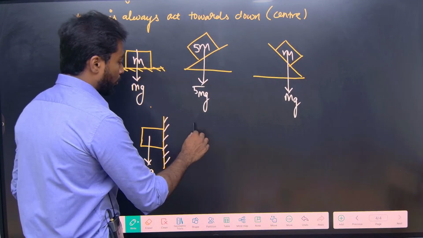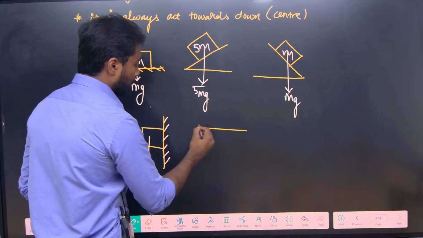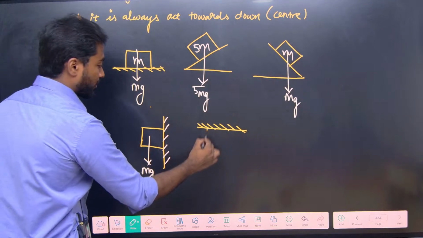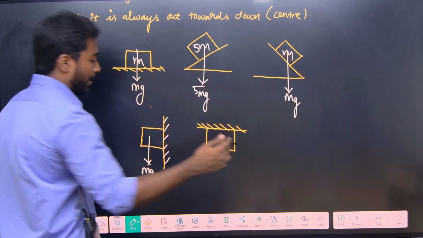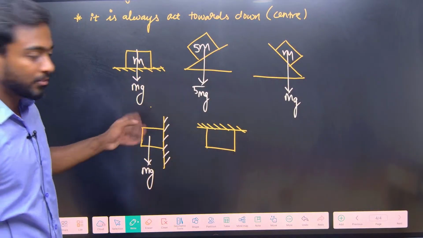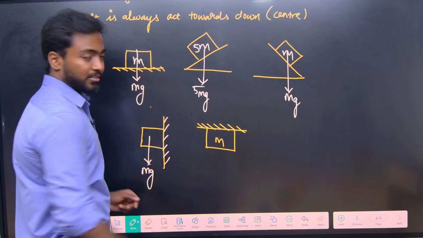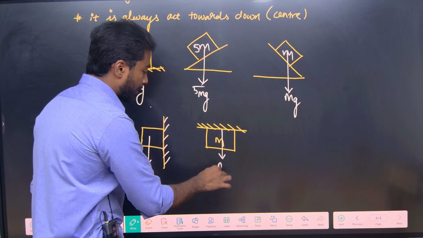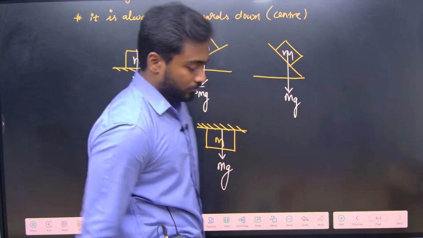Now if I talk about the ceiling, okay. Now the object is there, for example any object, fan, tube light, whatever it is, if you want you can consider. Let me take the mass is m. What is the weight? Always acting towards down, so this is my mg. Done.